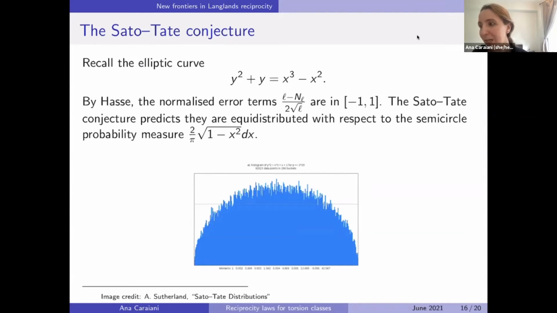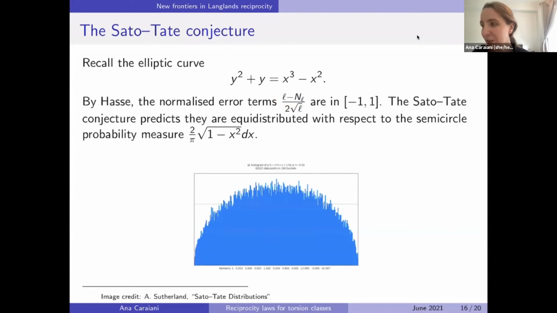So let's recall our elliptic curve, y squared plus y equals x cubed minus x squared. And remember that these error terms were important to us. By a result of Hasse, these normalized error terms are actually in the interval [-1, 1].